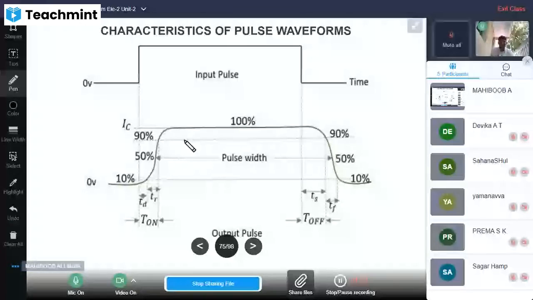At the rising edge, the time between 10% to 90% is known as on time, and at the falling edge of the pulse, between 100% to 90%, the time duration is called off time.